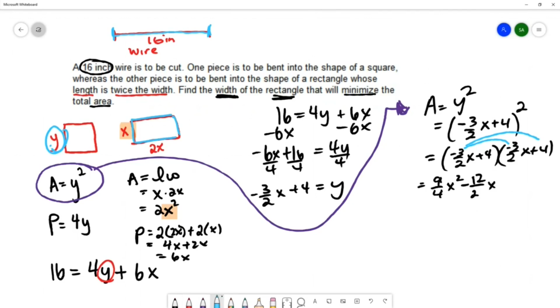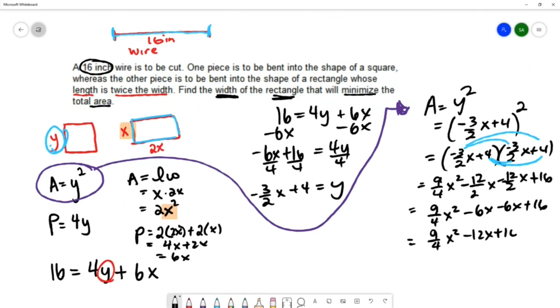I'll multiply the inside two. It gives me a negative 12 over 2 x. And I'll multiply the last two, which would give me 16. I have 9 over 4 x squared minus 6x minus 6x plus 16. That's 9 over 4 x squared minus 12x plus 16. And now this represents the area of the square.